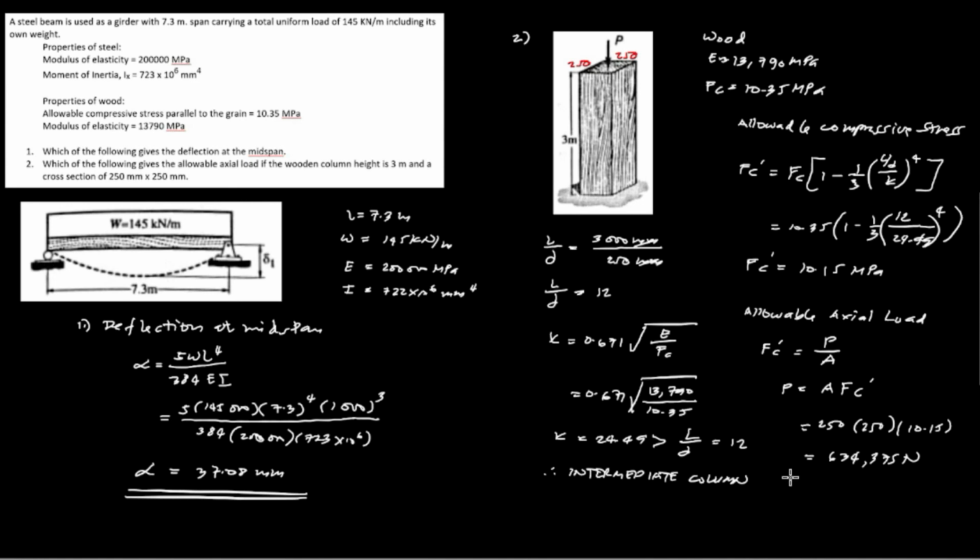To convert it in kilonewton, we divide by 1000, so P is equal to 634.38 kilonewton, and this is the allowable axial load, and this is the answer.